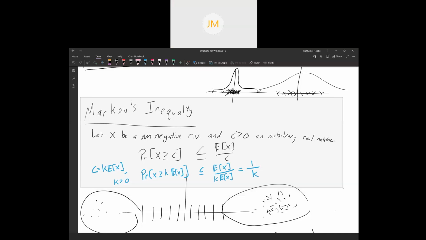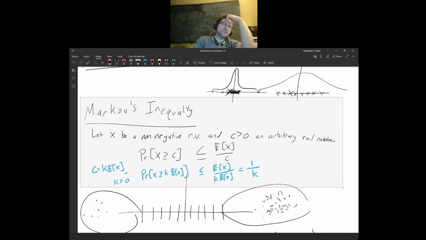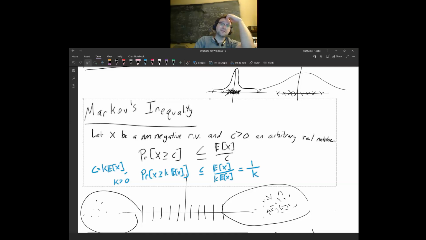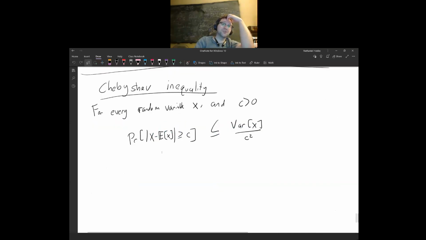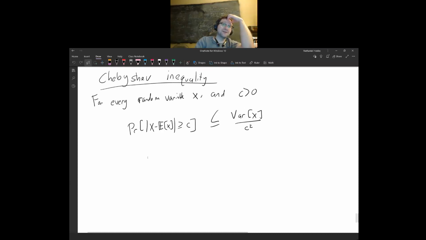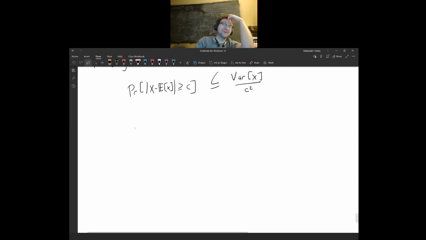Very good. So unfortunately, basically the story goes Markov, Chebyshev, Hoeffding. Hoeffding is another inequality that is very, very tight. It's a very useful inequality.